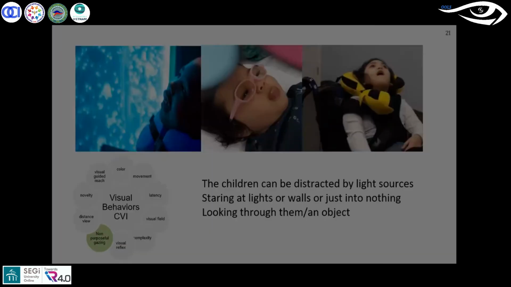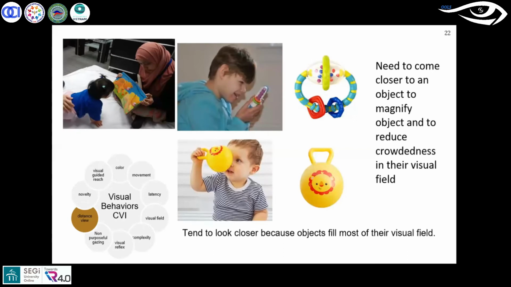Now, what about distance view? Distance views are always compared or confused with the child having poor visual acuity.